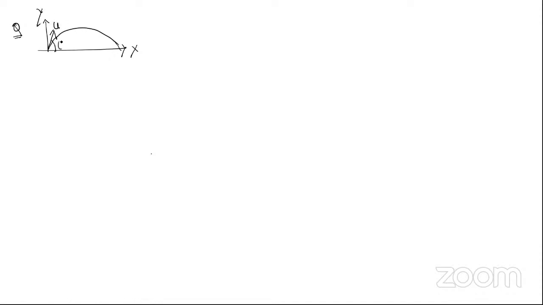The question is, a ball is projected with 20 meter per second at an angle 60 degree with horizontal.